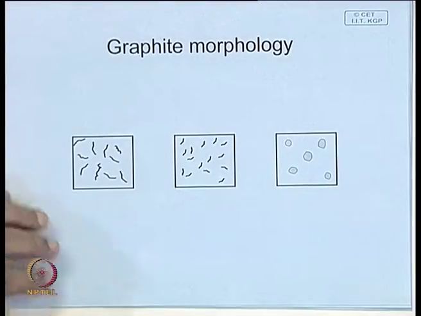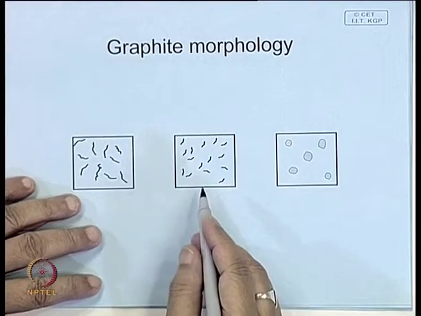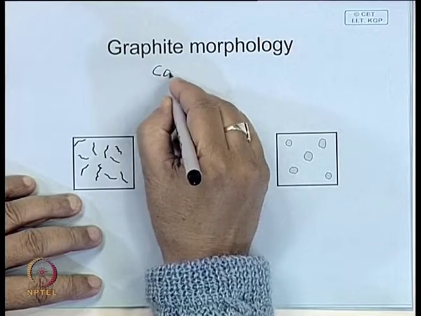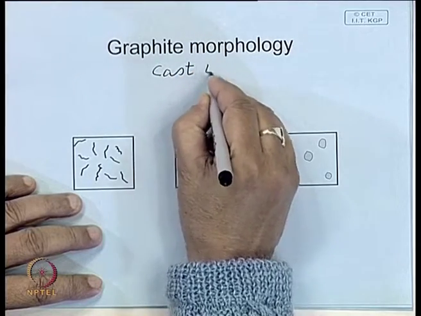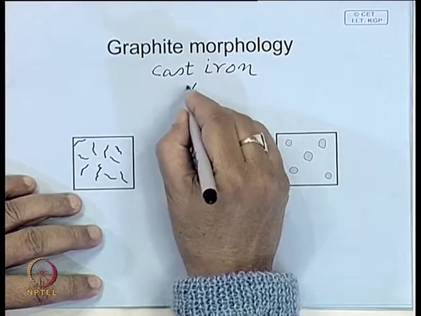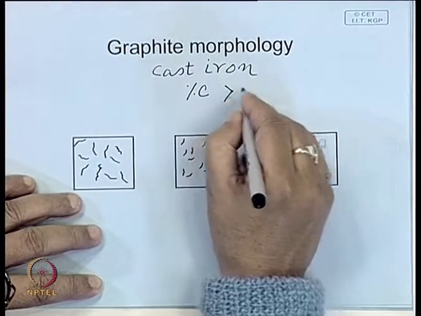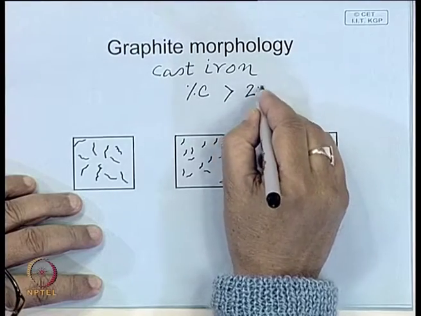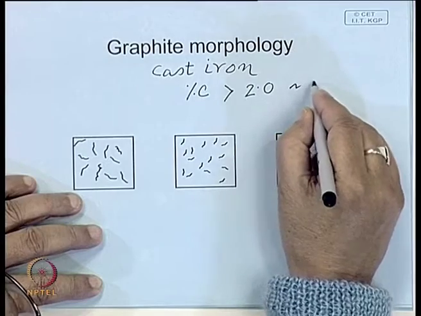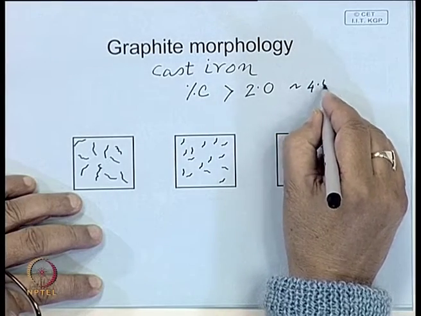There are certain high carbon alloys which are known as cast iron. Cast irons have carbon content much greater than 2 percent, and particularly around 4, 4.5 or beyond.